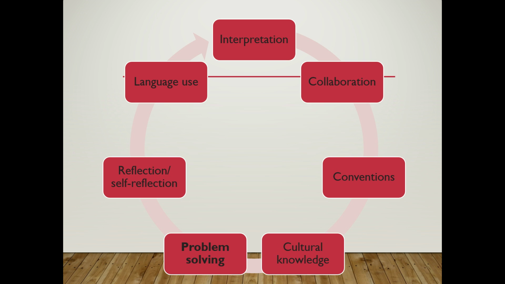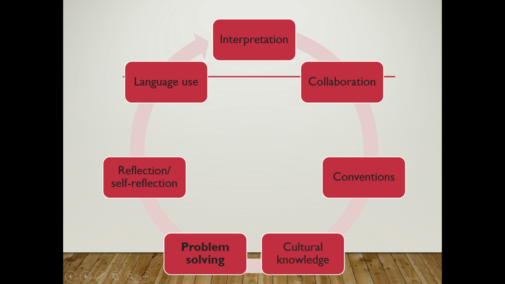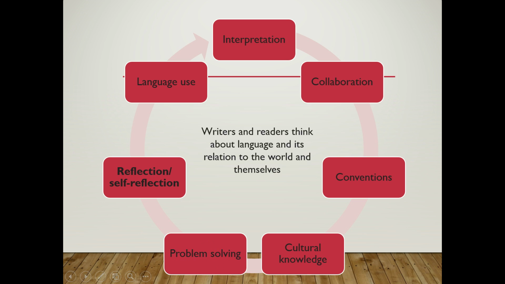In the case of problem solving, literacy is more than knowledge of writing systems, vocabulary, and grammar. It requires knowing how to use language both in written and spoken context to create discourse. And in reflection or self-reflection, writers and readers think about language and its relationship to the world and themselves.